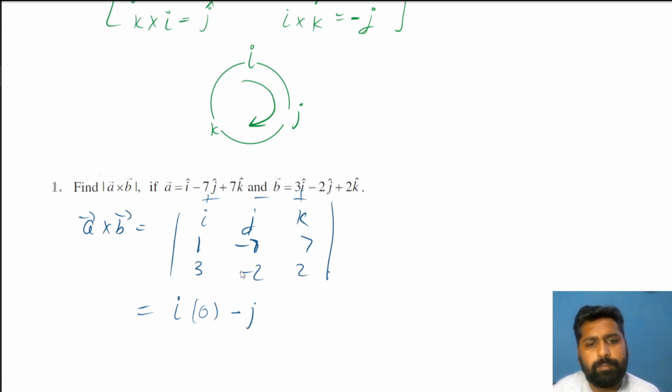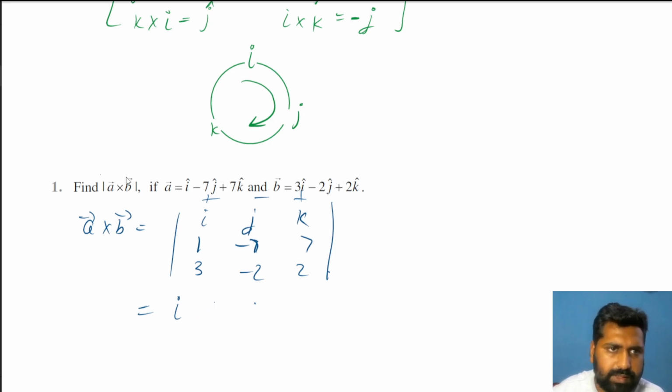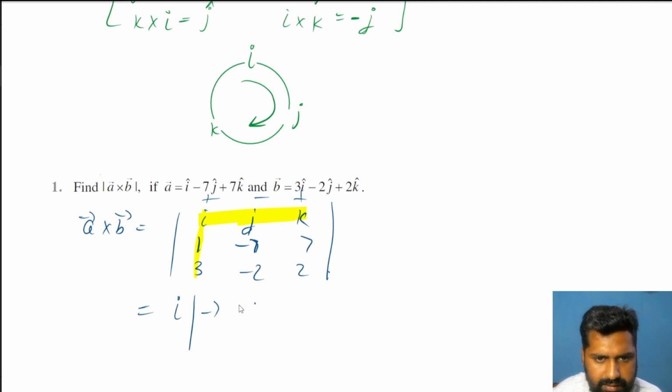Yeah, so you need to have the idea of determinant. In case you don't have the idea, I'll show you from the basic. If you are opening about i, leave the row, leave the column, and whatever is 2 cross 2 left, this is 2 cross 2, minus 7, 7, minus 2, 2, you have to open this.